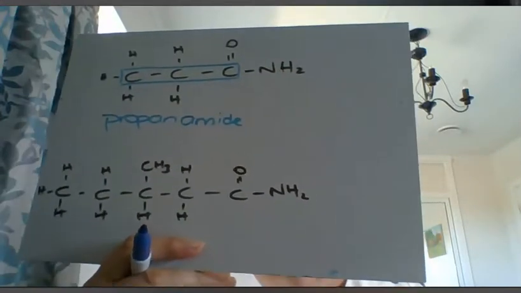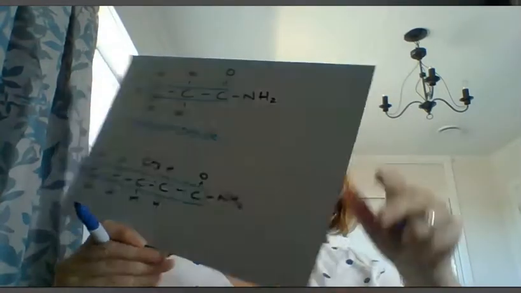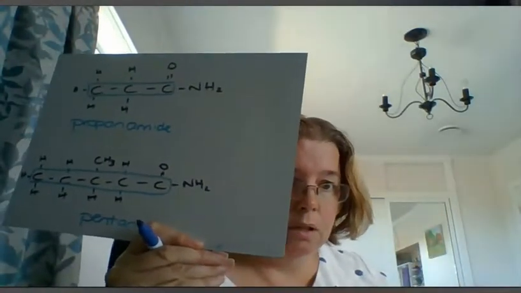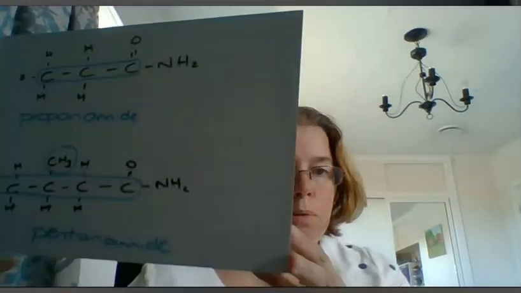The second one's slightly more complicated, but again, if we look at the longest carbon chain, we have 5 carbons. 5 carbons is pent. And the bonding between the atoms is single, so we're going to have an an. It's got an amide group on the end, so we're going to call that amide. And then we have this methyl group.